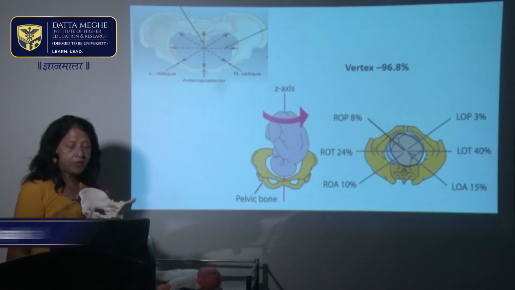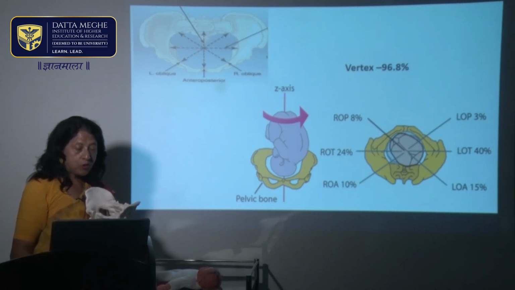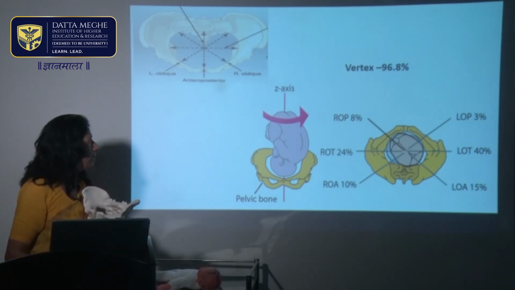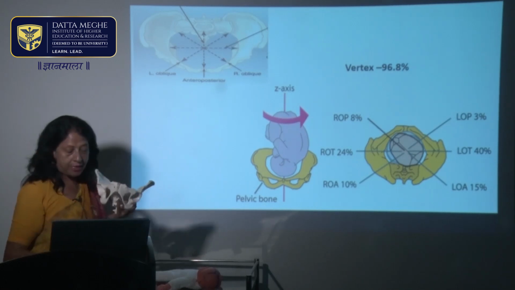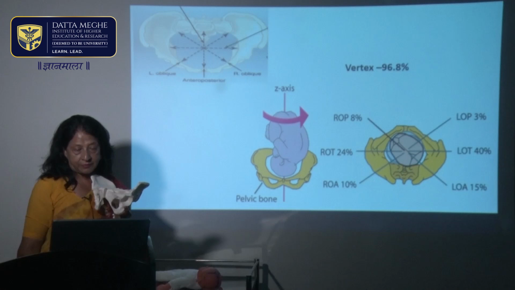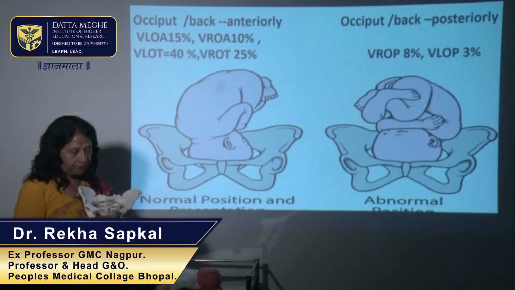Instead we may say ROT, meaning vertex right occipito transverse, or vertex left occipito transverse. The spine is in between, and we have to direct it according to the direction of the diameters of the pelvic inlet. That is how different positions are described.